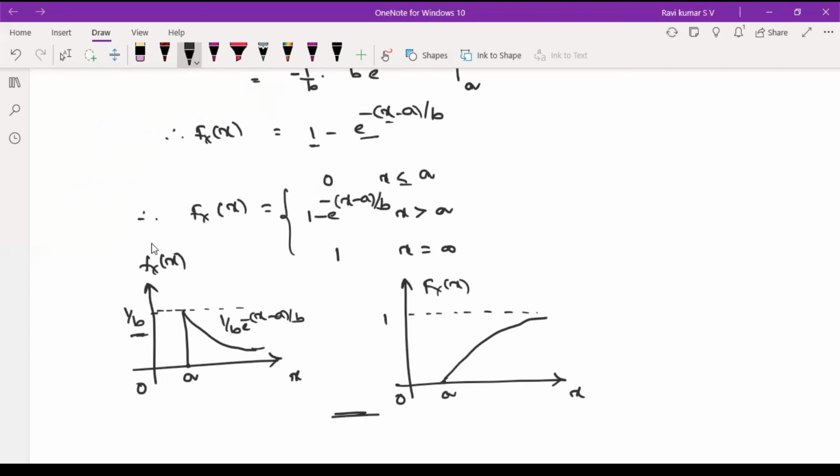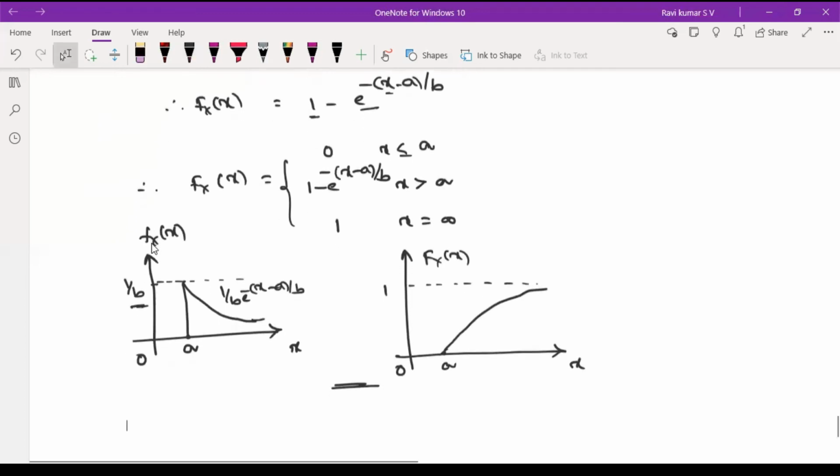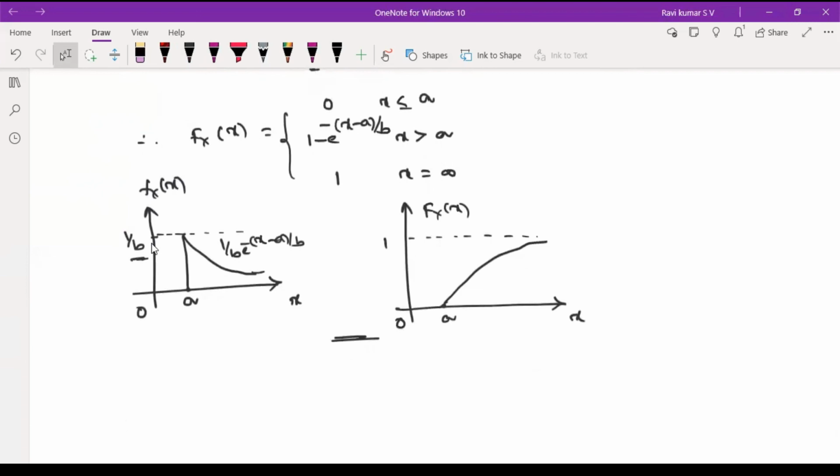Okay, and if you take the applications of this exponential function, the distribution of raindrop sizes. The distribution of raindrop sizes is possible to measure using this exponential distribution function, and the distribution of fluctuations in the signal strength.